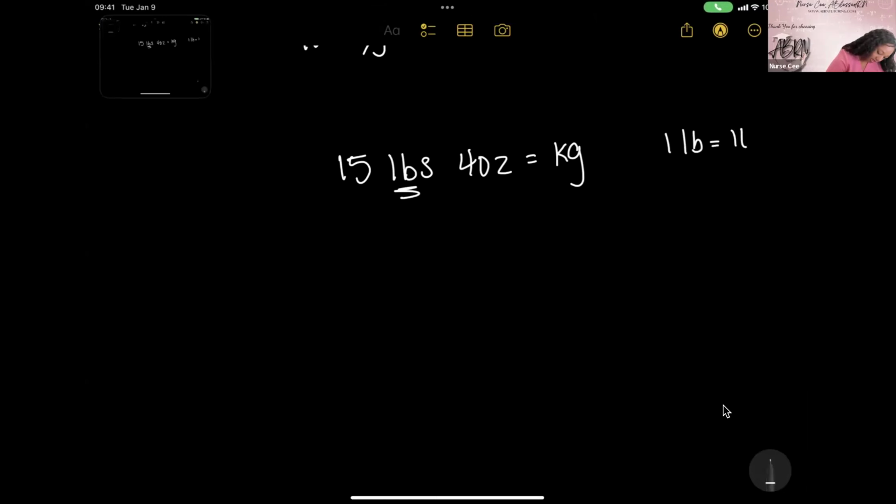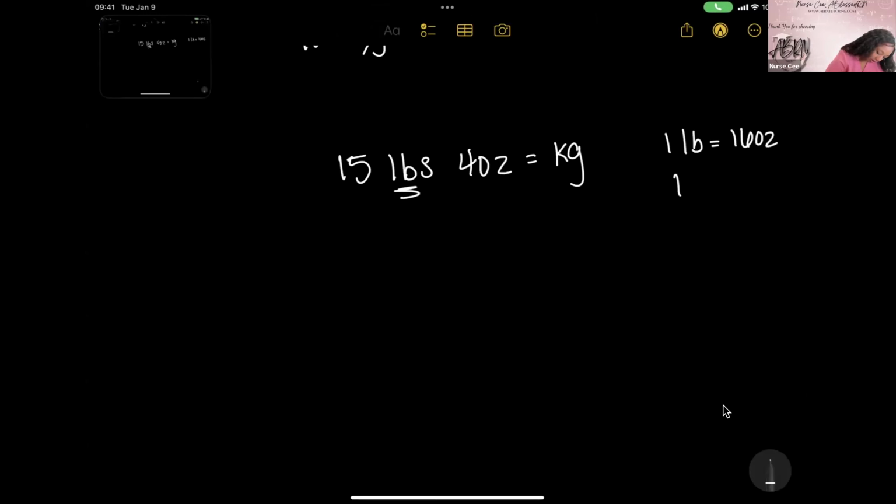I'll do one more. So let's do pounds and ounces to kilograms. So if you have 15 pounds and 4 ounces, we want to know how many kgs is that, right? So that would be changing everything to pounds, because we know that 1 pound equals 16 ounces.